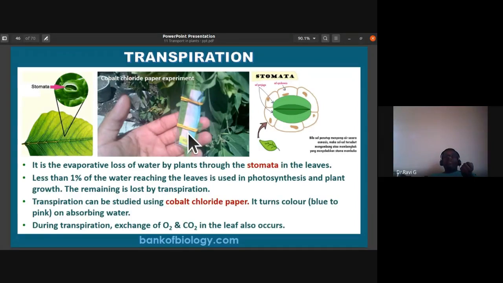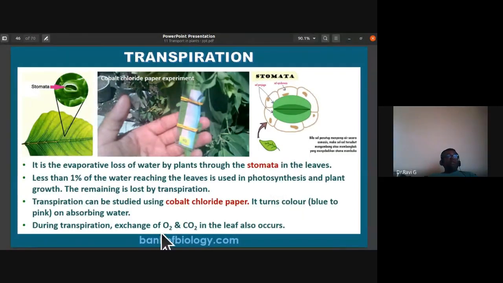After few duration, you find that if it's a dicot leaf, the lower surface of the cobalt chloride paper, they turn from blue to pink, which indicates that there is loss of water. And whenever loss of water is taking place, the cobalt chloride is going to absorb the moisture. As a result of it, the cobalt chloride, which is blue in color, turns to pink. So which indicates that transpiration is taking place.